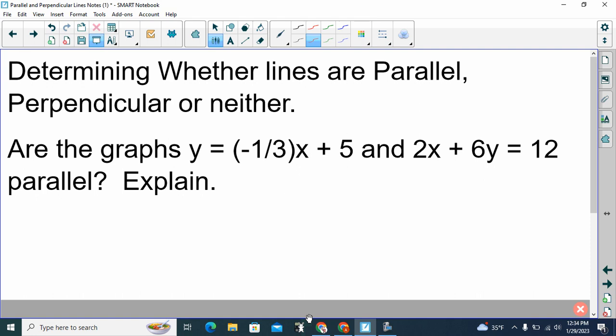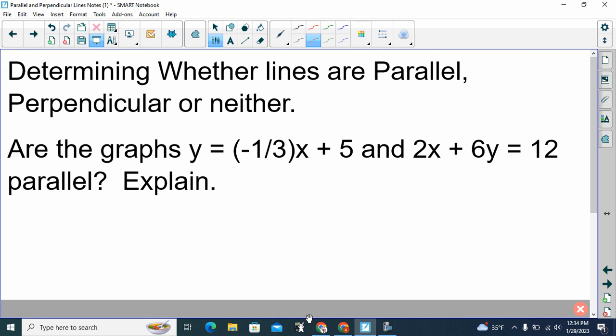Let's do one more. It asks, are the graphs y equals negative 1/3 x plus 5 and 2x plus 6y equals 12, are they parallel, are they perpendicular, or are they neither one? And explain why.